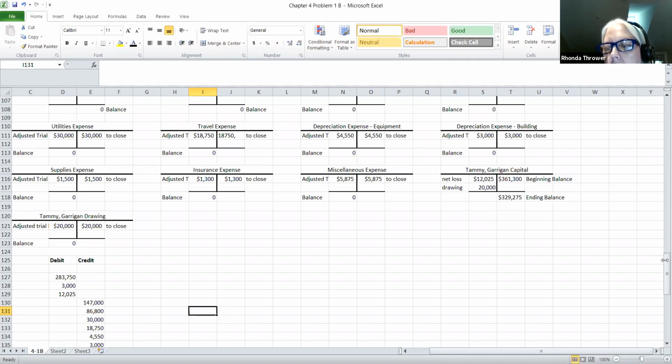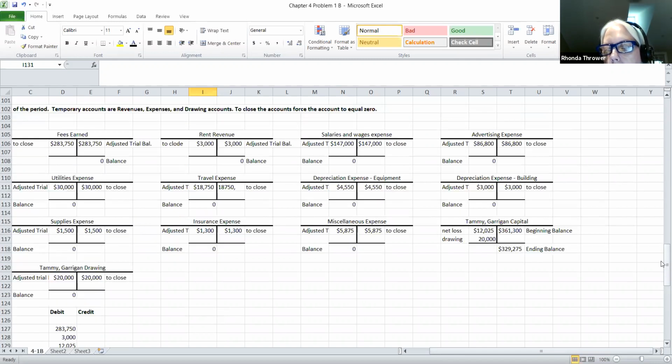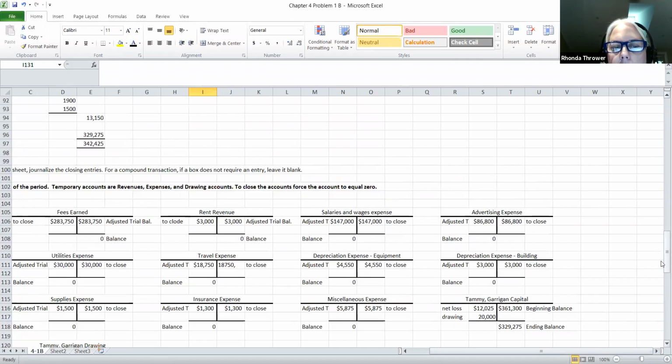Now I want you to look at this T account here for capital. This beginning balance came from the adjusted trial balance. My net loss was debited in my closing entry. My drawing was debited in my closing entries. And if I take this beginning balance and subtract these two items from it, this will leave me with my ending balance, which has to agree with my statement of owner's equity.